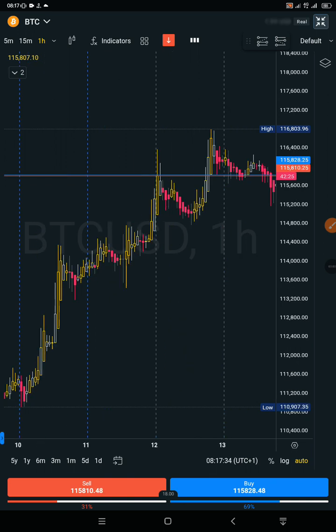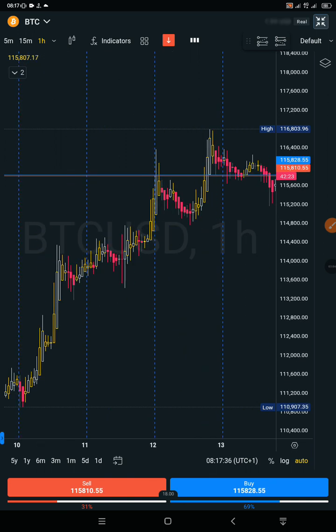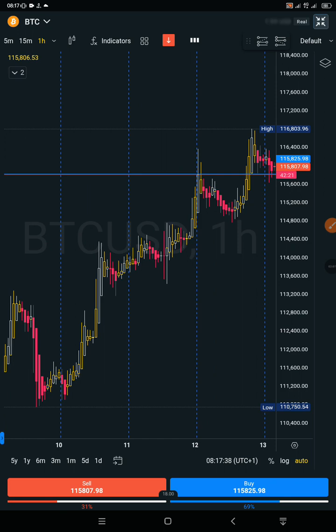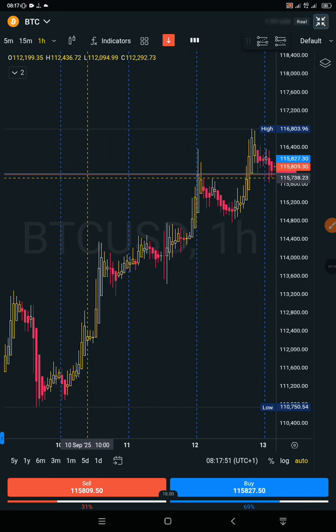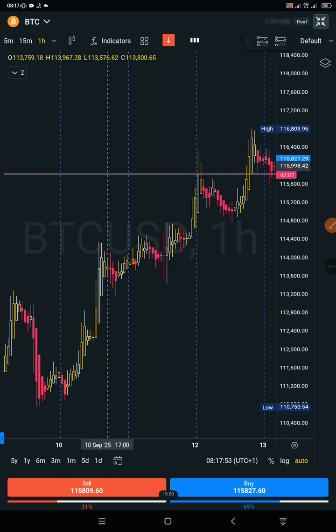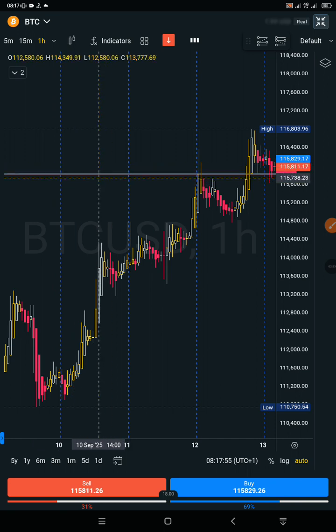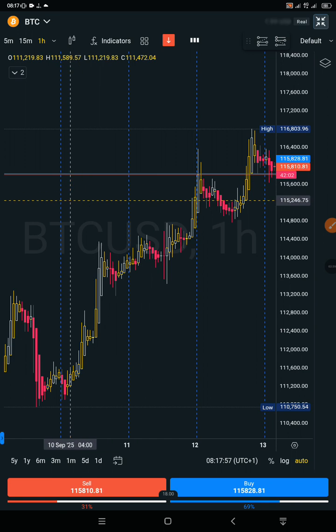For example, I'm currently on the Bitcoin chart, and this is a 1 hour time frame, and you can see here there are series of green bars, although I've painted my chart in yellow colors, or gold colors rather.